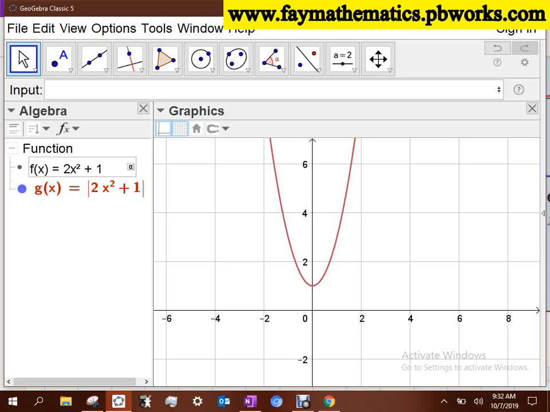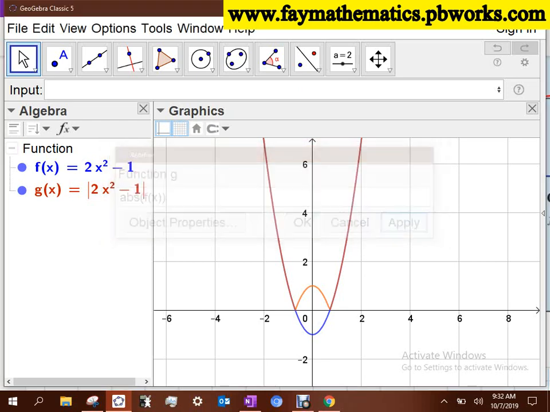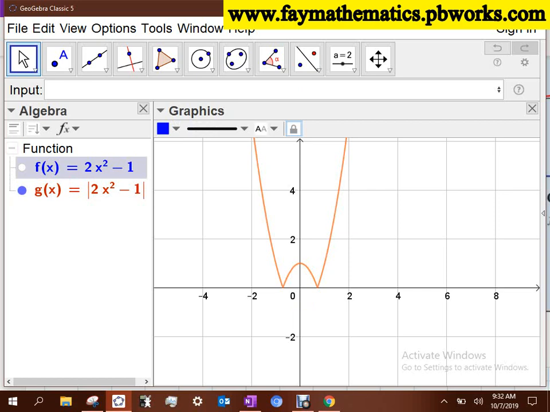Let's say minus 1 now. If it's minus, now you got some y values that are negative, right? So if I take the x-axis and I fold on the x-axis, this little portion should go up here, right? And it makes that the absolute value of now a quadratic input.